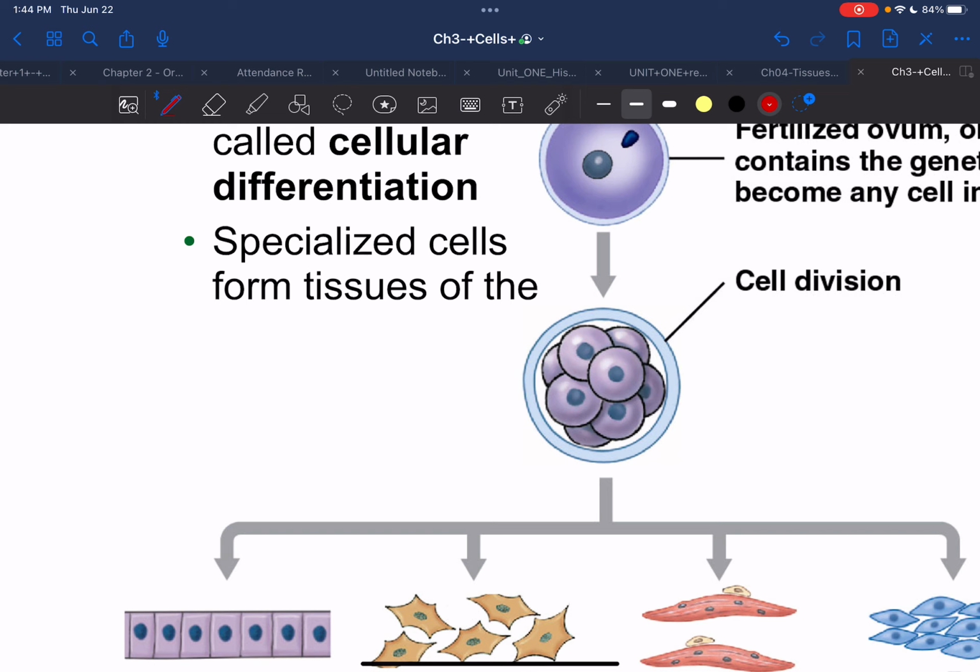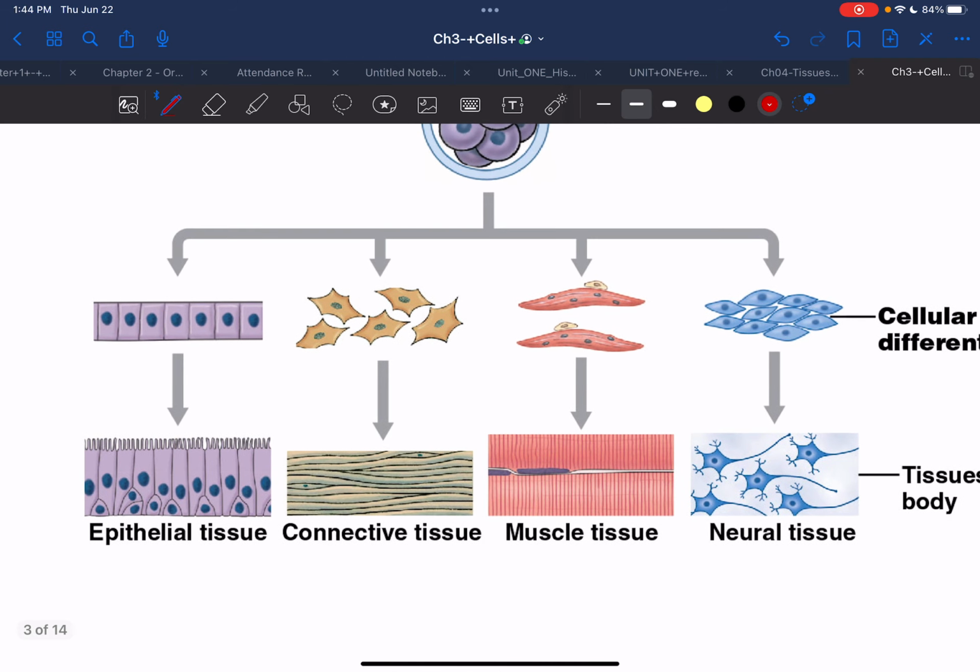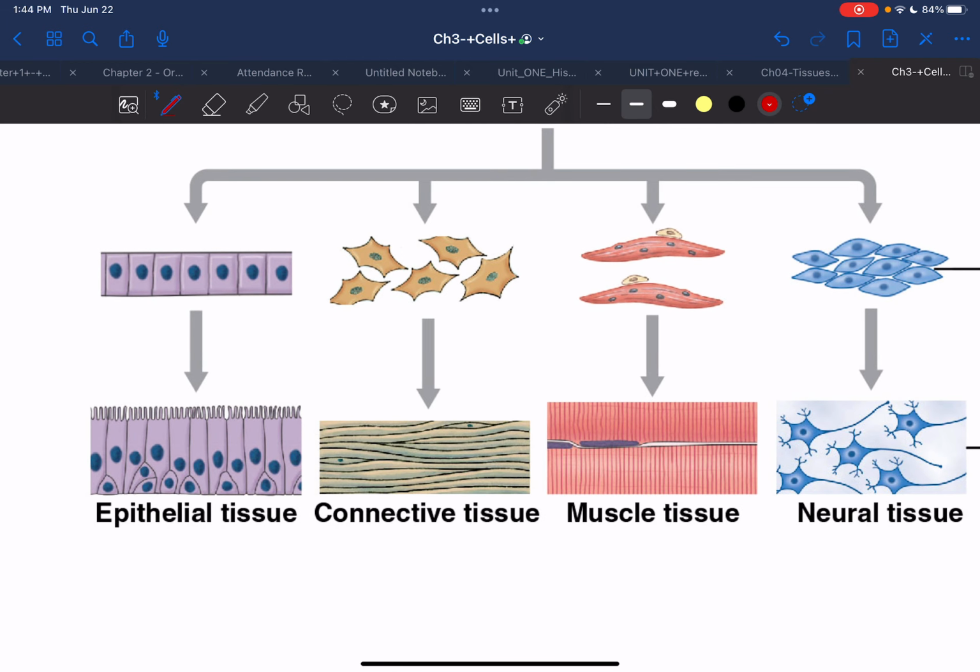But scientists know that all the genetic information is the same. It doesn't matter if it's a nervous cell, muscle cell, connective tissue, or an epithelial cell, the instruction manual is the same for every single one. The DNA molecules in this nucleus are the same as the DNA molecules in here, but they're reading different parts of that instruction manual.